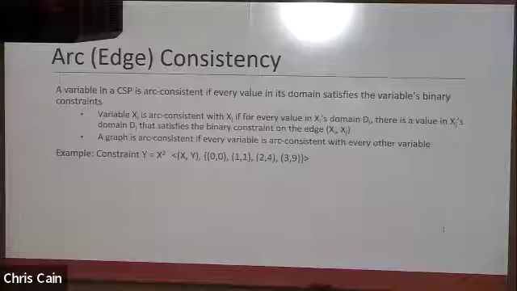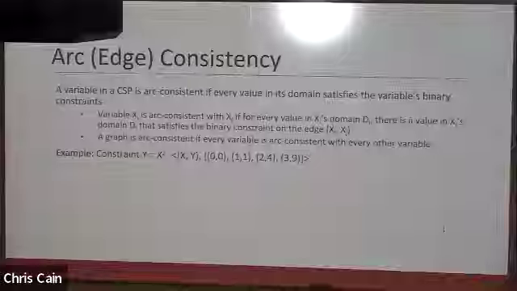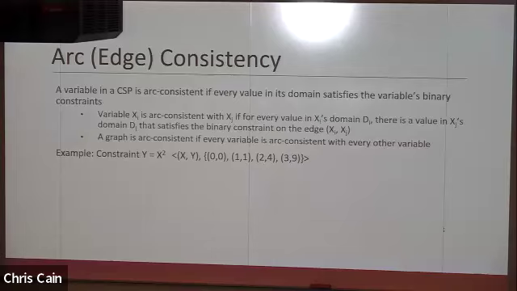Note that if y's domain had been from 1 to 10 or 0 to 10 before that, we would have eliminated some of those possibilities based on this constraint. If y has to be equal to x squared, then there are some values for y that are not the square of some legal x, which allows us to eliminate them from possible assignments.